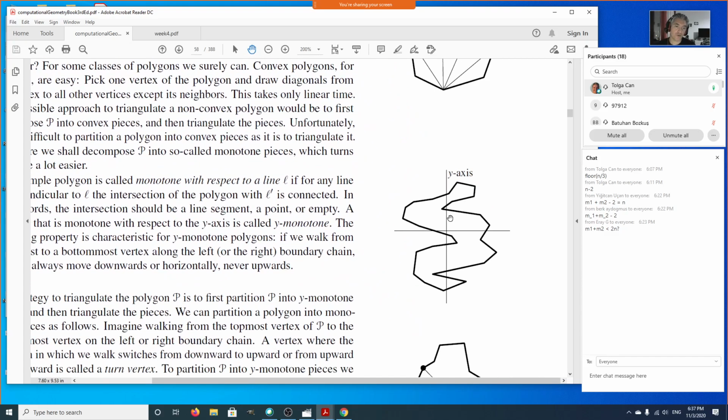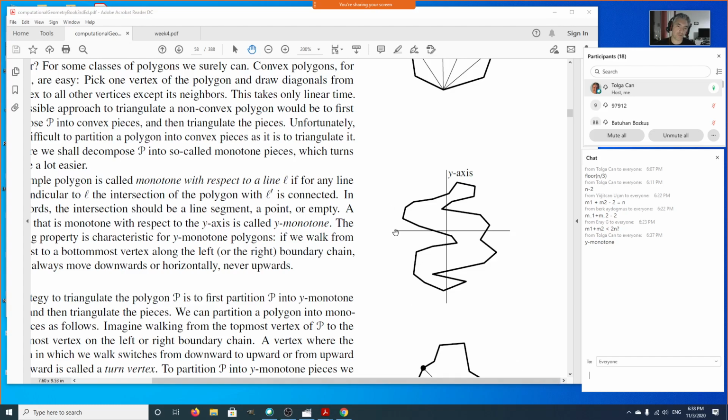A monotone polygon is a polygon like this. Actually, a monotone polygon is monotone with respect to some line L. If that line L is the y-axis, we call such polygons y-monotone. So I'm writing it in the chat box. So y-monotone polygons are polygons in which if we draw a line that is perpendicular to the y-axis, or that is parallel to the x-axis, you may think about it like this.